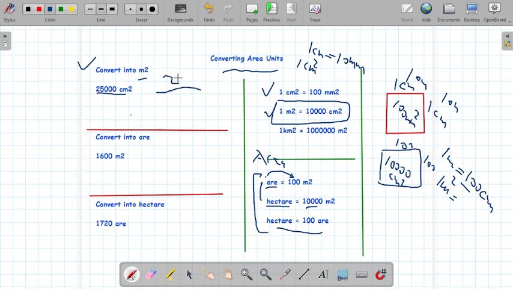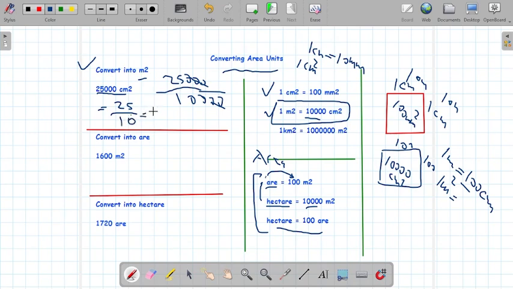So what is the meaning of that? It means that I have 25,000. I'm not going to multiply it by 10,000. I will divide it by 10,000 to get my answer in meter square. From our study, we learned how to do this simply by removing any extra zeros from the top equal to the bottom. So I will have 25 over 10.